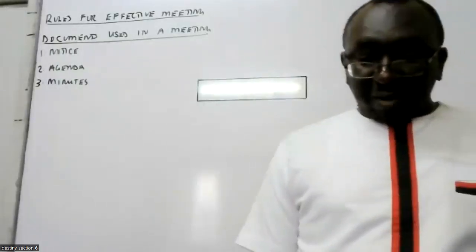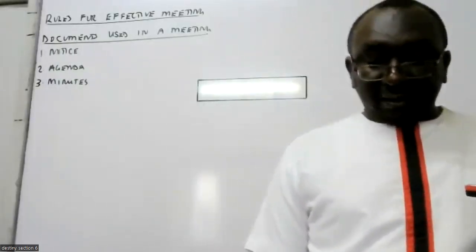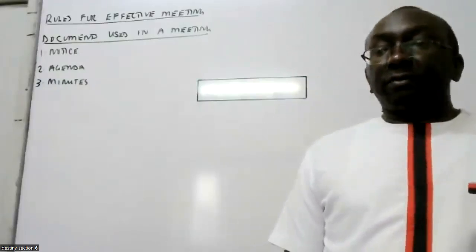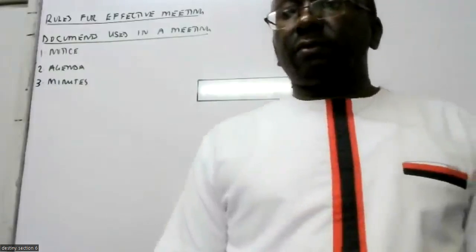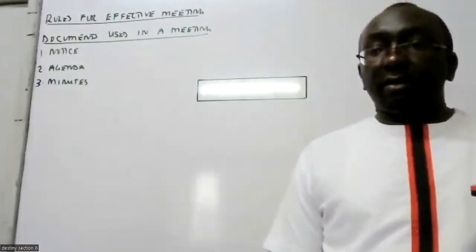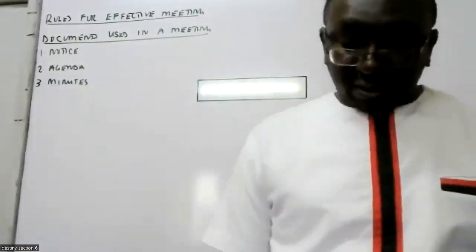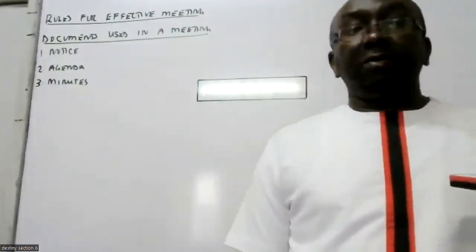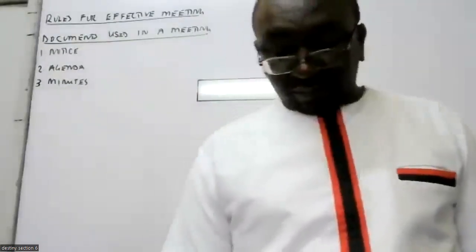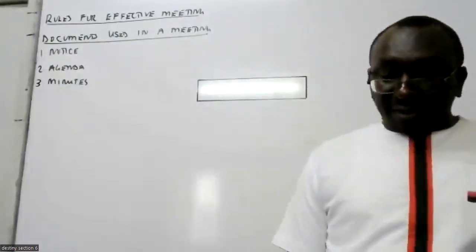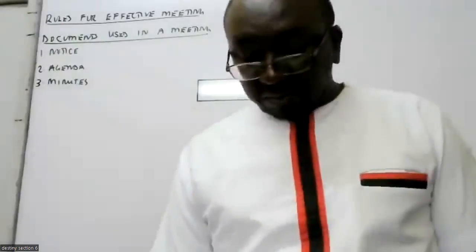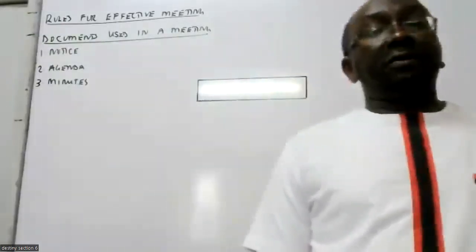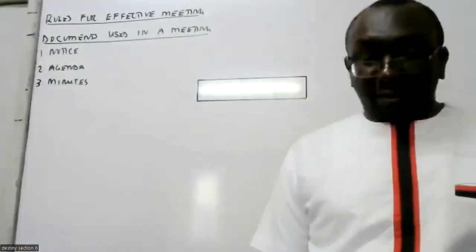Next is names of members present, combined and separate: absent with apology, and absent without apology.